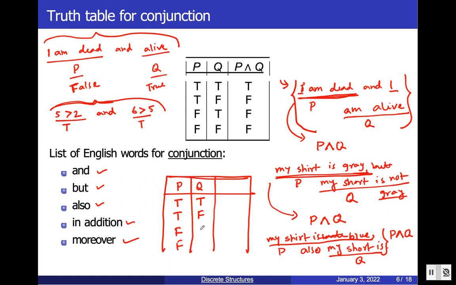When P is false, Q can be true or false. So these are the 4 combinations we can have for P and Q.